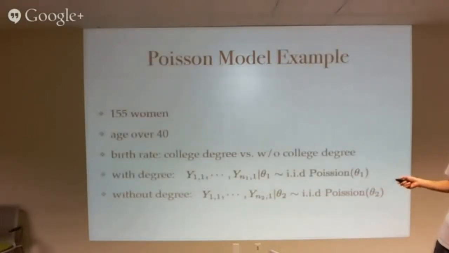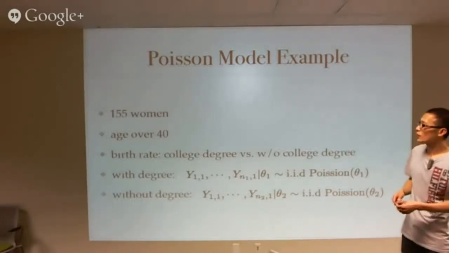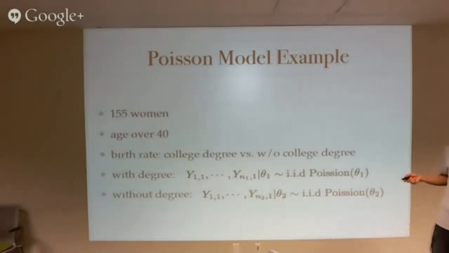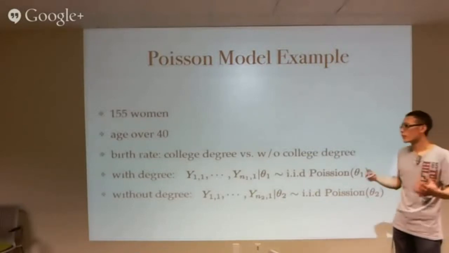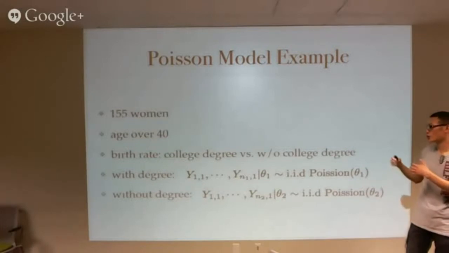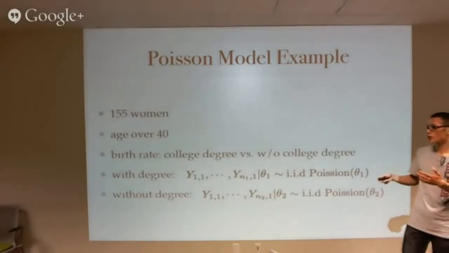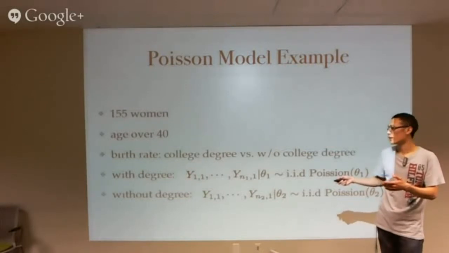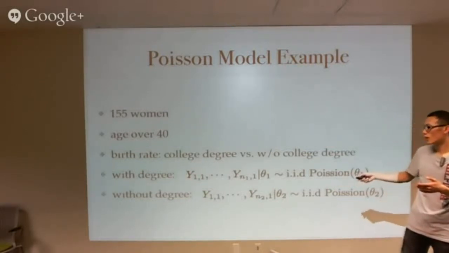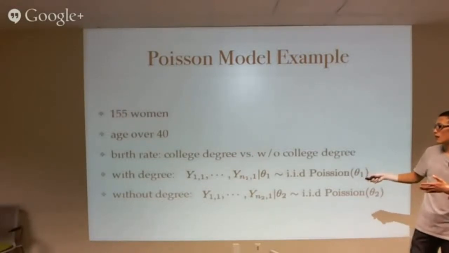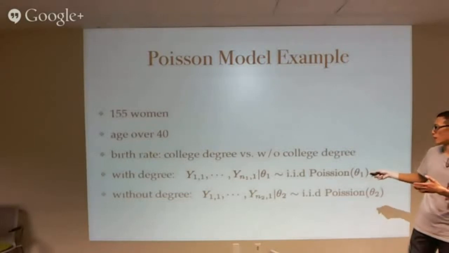And this is an example for the Poisson model, and we have 155 women over age 40. We're going to compare the birth rate between those who have a college degree and those who don't have a college degree. So for those who have a degree, we use y11 to yn1,1, that means we have n1 women who have the college degree.